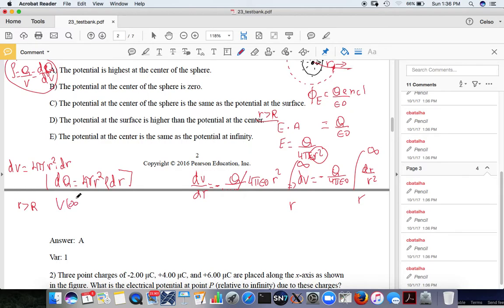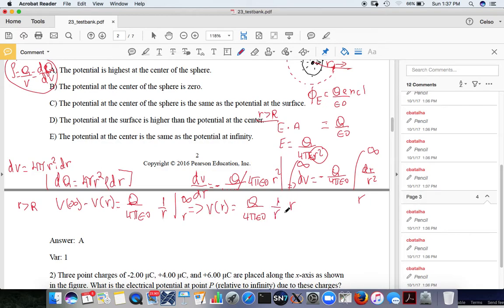V at infinity minus V at a point r is positive, Q over 4 pi epsilon naught times 1 over r, from r to infinity. We conclude the voltage outside the sphere is Q over 4 pi epsilon naught times 1 over r. So the voltage falls with 1 over r.